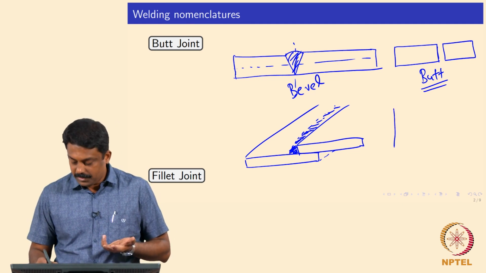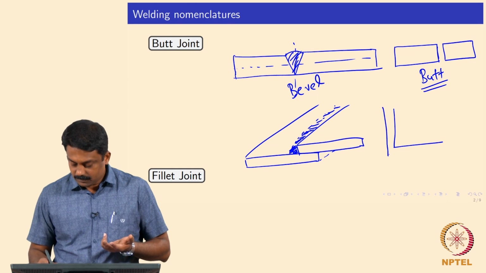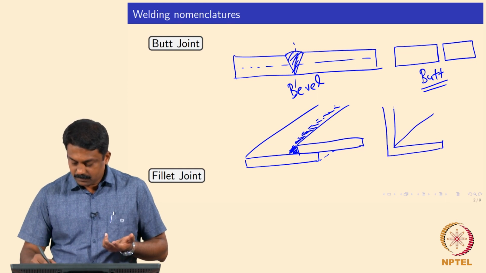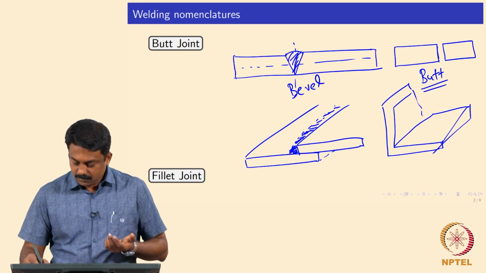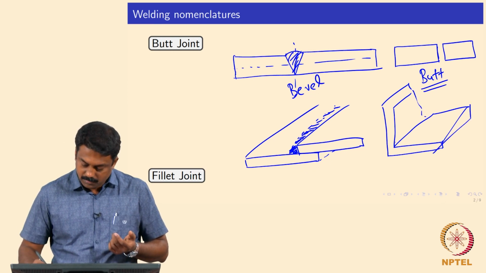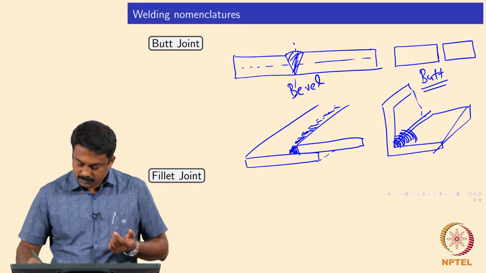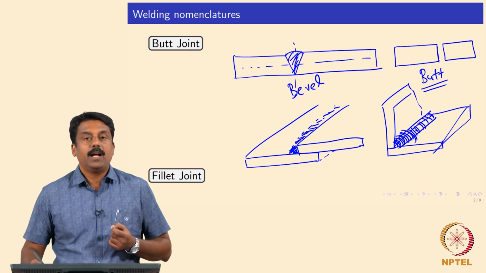You can also do a T joint, so you can make joints in T configuration and with a fillet.